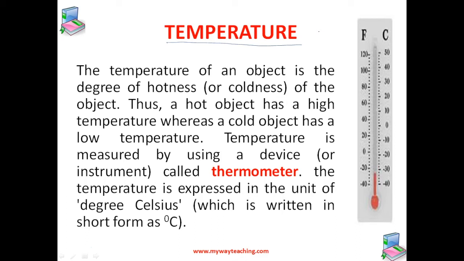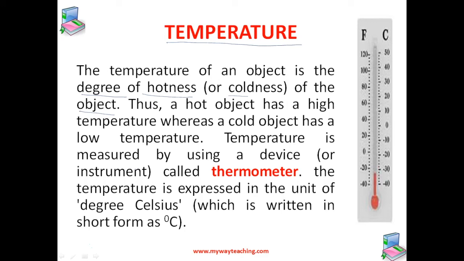So from this we can derive the definition of temperature. That is, the temperature of an object is nothing but the degree of hotness or the degree of coldness of the object. So temperature is nothing but the degree of hotness or coldness of the body.